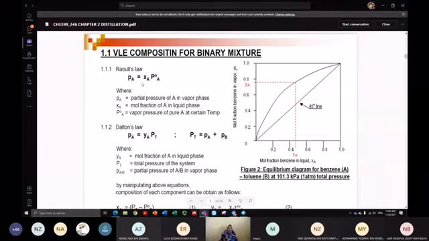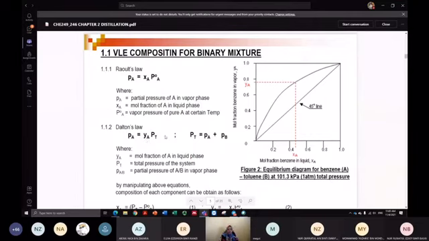So you're going to apply Raoult's law, which I have explained to you, and Dalton's law. For Dalton's law, we are dealing with the vapor, so that when you want to find the partial pressure of A in the vapor phase, you can use the mole fraction of A in the vapor phase multiplied by the total pressure.